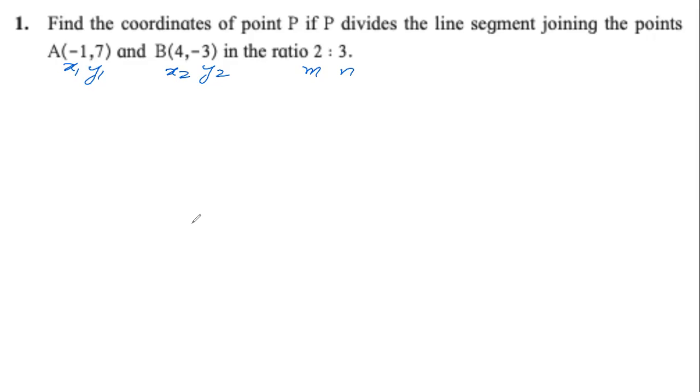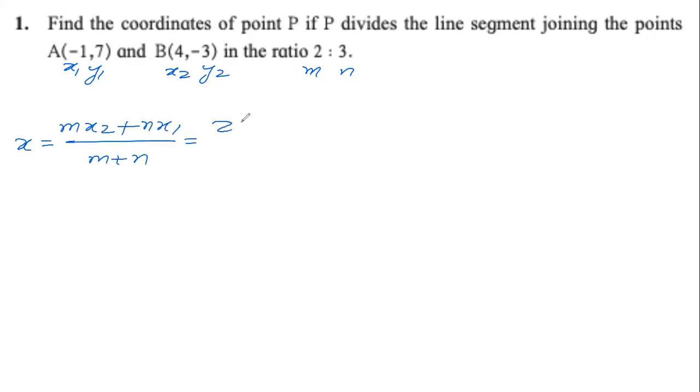We have to find out the coordinates of P. So we will say let the coordinates be x and y. We know x can be found out by the formula mx2 plus nx1 by m plus n. Chanda, here is where you got the formula wrong.